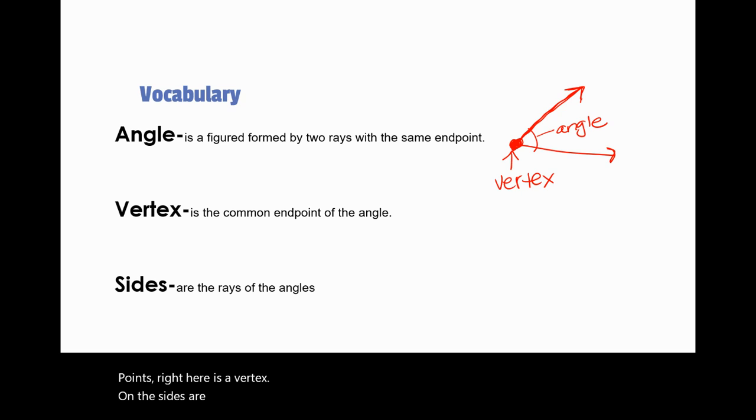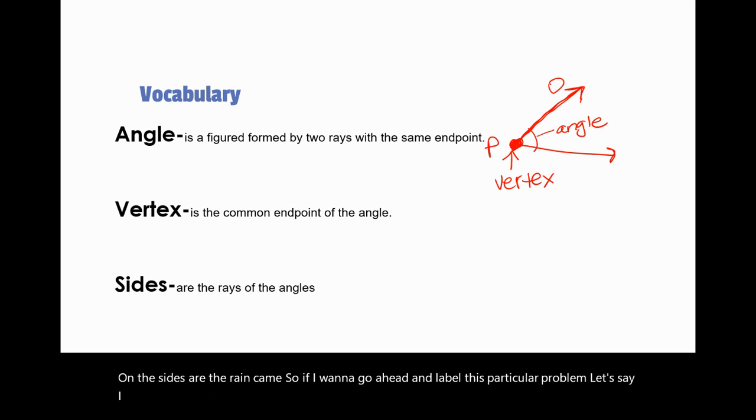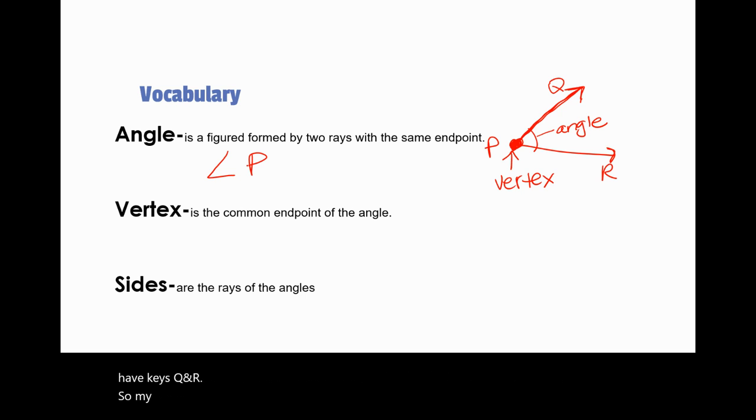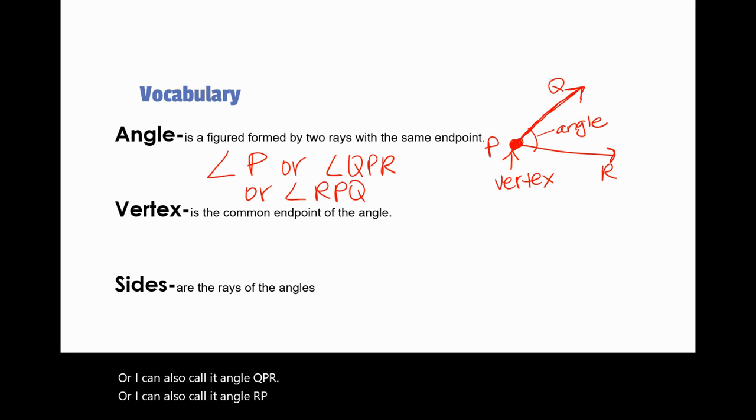Okay, so if I want to label this particular problem, let's say I have P, Q, and R. My angle would be angle P, or I could also call it angle QPR, or angle RPQ. Angles can be listed several ways.